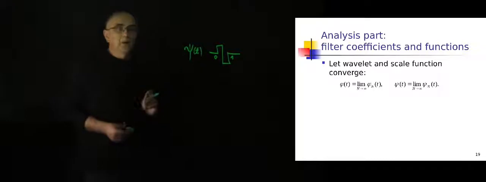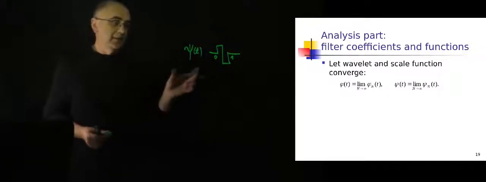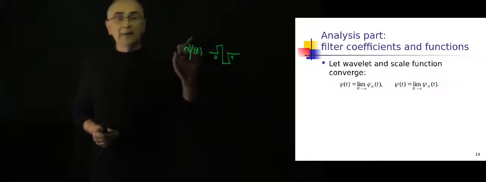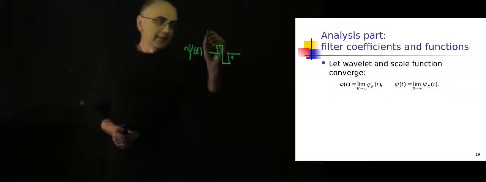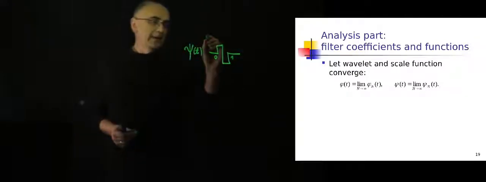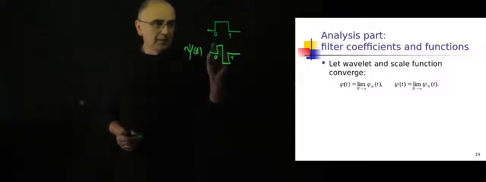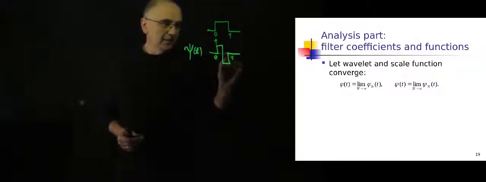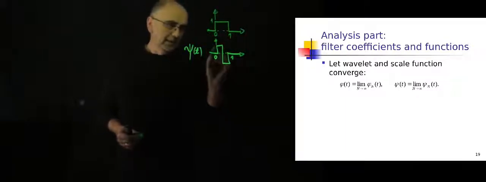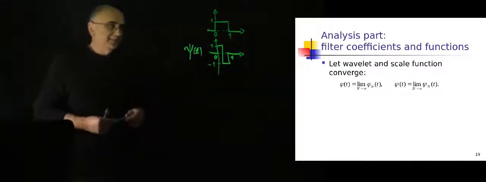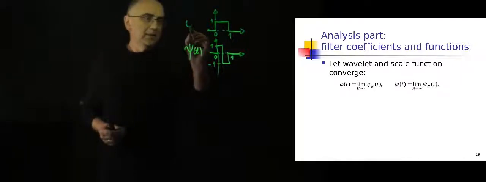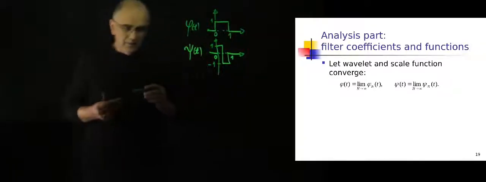Now I have to define some scale function which corresponds to that wavelet function, and we will see very soon that it is something like this: actually a rectangular pulse. 0, 1. I'm going to put the other values on an axis. So 1, 1, and -1. So this is our phi of t.